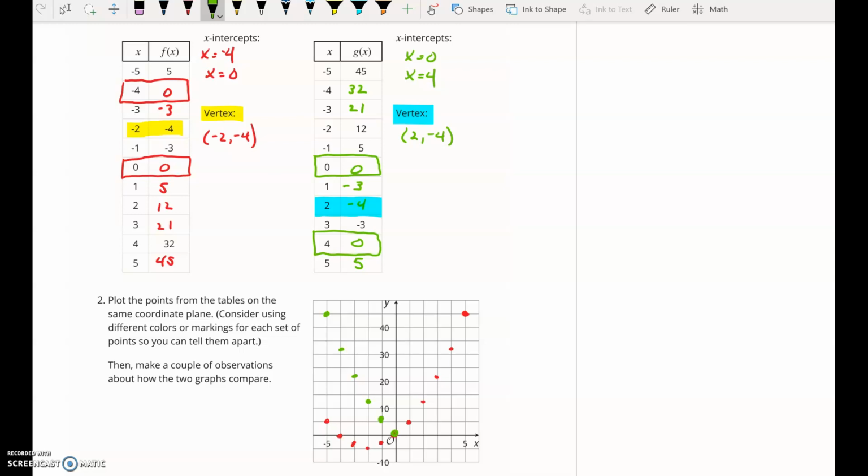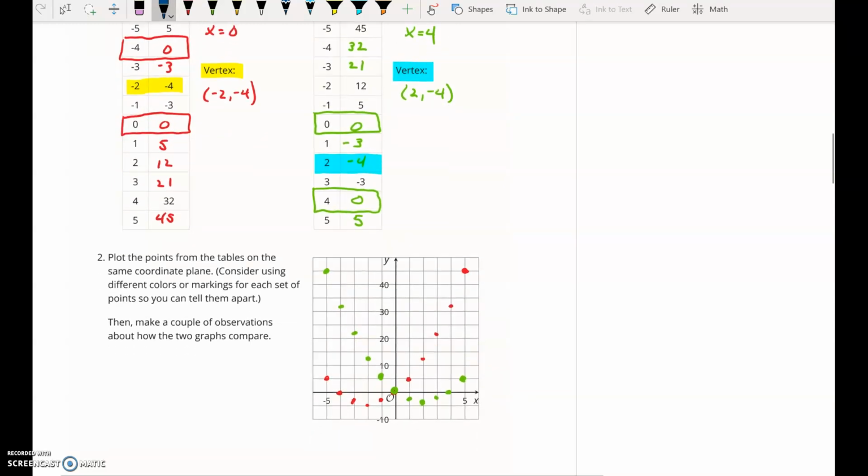I have 1, -3. I have 2, -4. I have 3, -3. I have 4, 0. And I have 5, 5. So those are the green points.